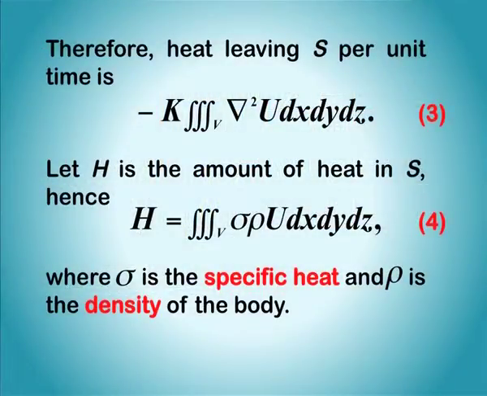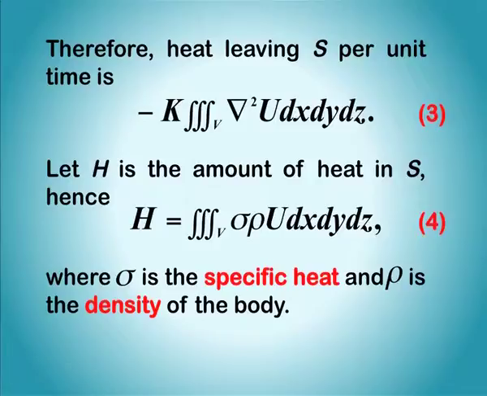Therefore, the heat leaving that surface area S per unit time is given by equation number 3, written as minus K triple integral taken over the volume V of del square U dx dy dz.